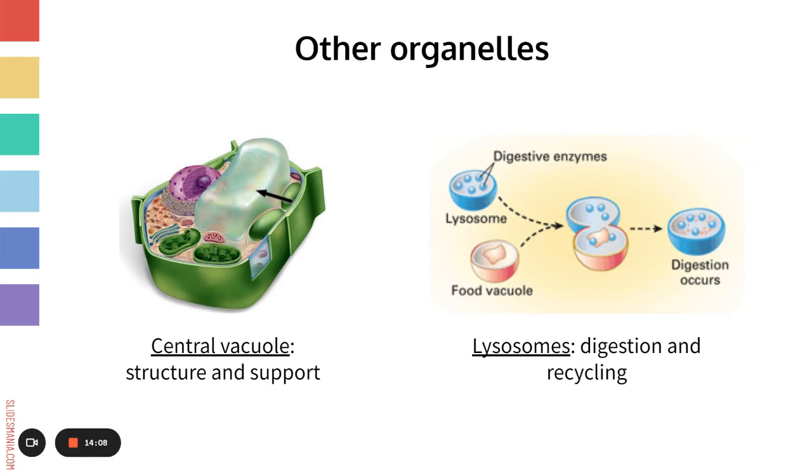So things like potatoes that have a lot of starch, central vacuoles can be modified to hold that starch instead. But for the most part, they hold water, and like I said, they give the plant that rigidity that it needs because the central vacuole is able to push up against the cell wall. But it's basically another sort of sac, which most of these organelles that hold stuff are like.